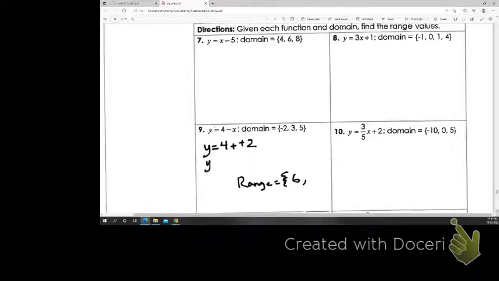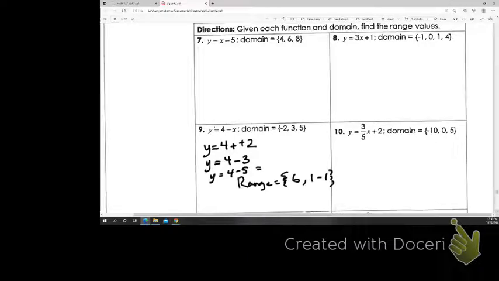And then I'm going to do y equals 4 subtract 3, which is 1. And then y equals 4 subtract 5, which is negative 1.